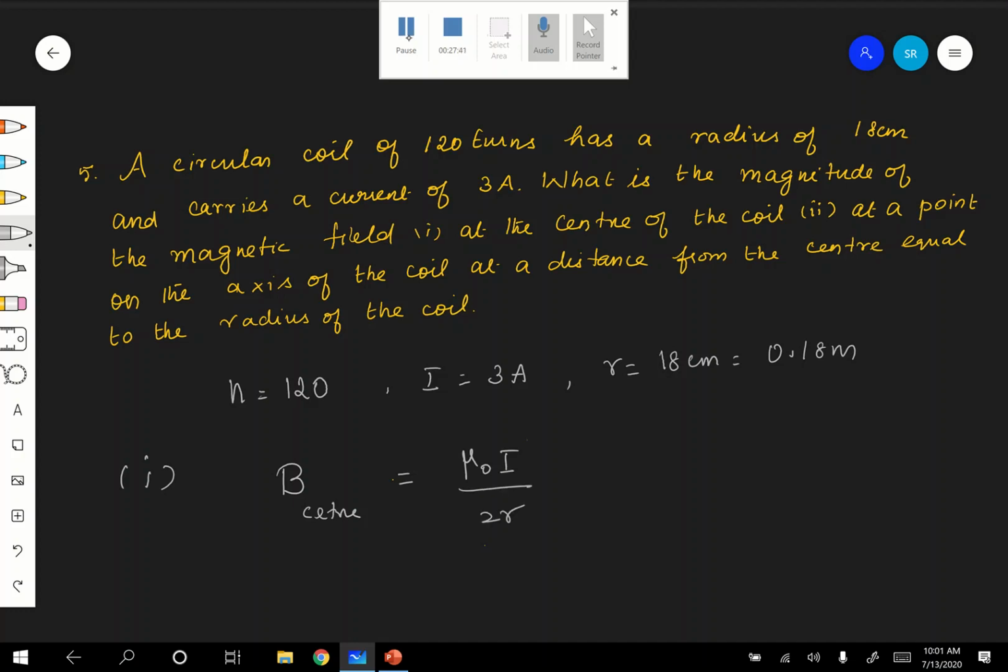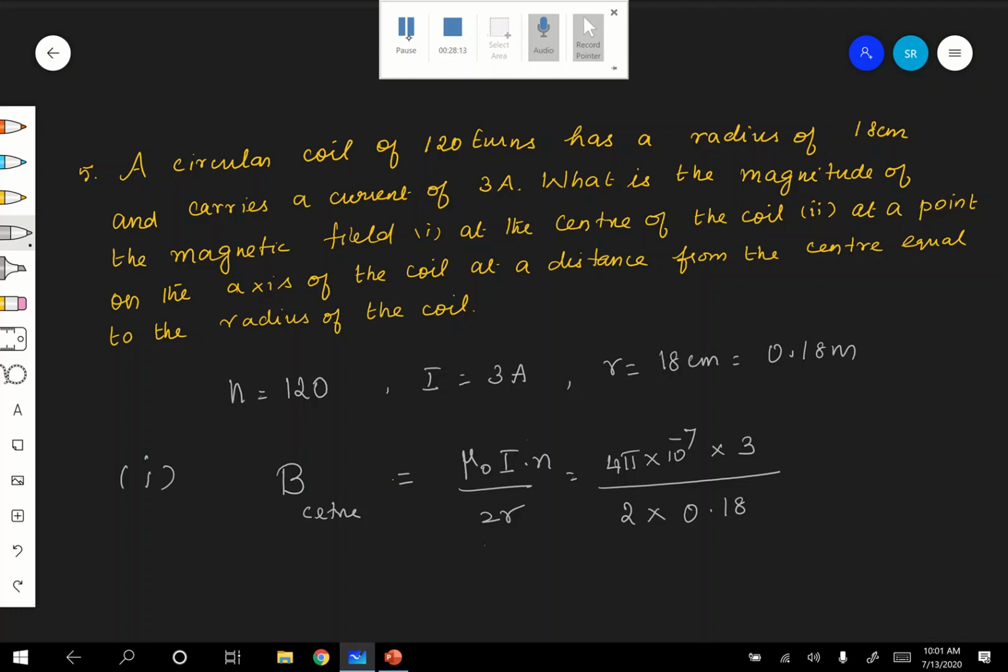Therefore that is nothing but, substituting mu naught 4 pi into 10 power minus 7 into 3 divided by 2 into 0.18. Are you following?